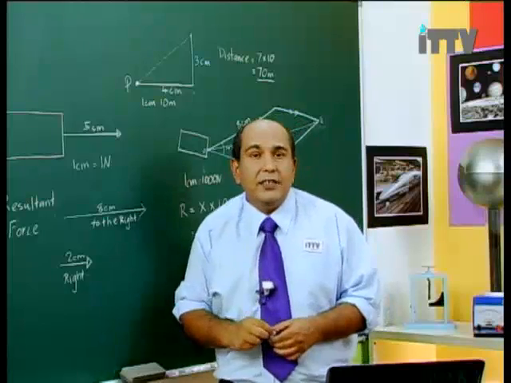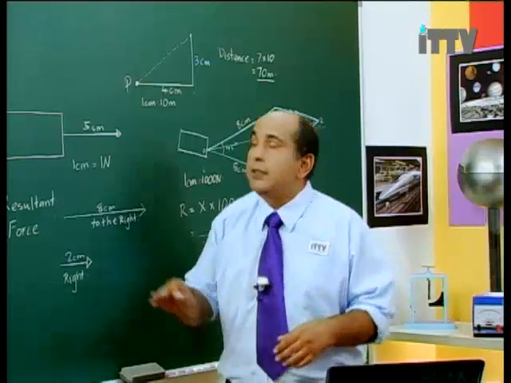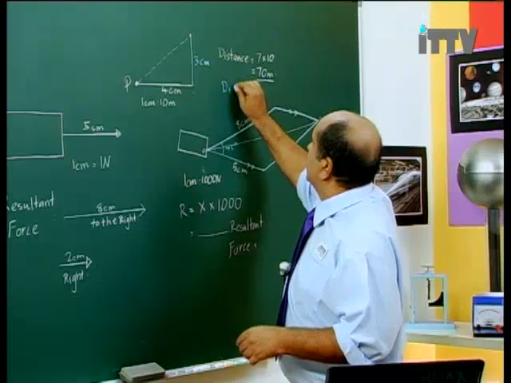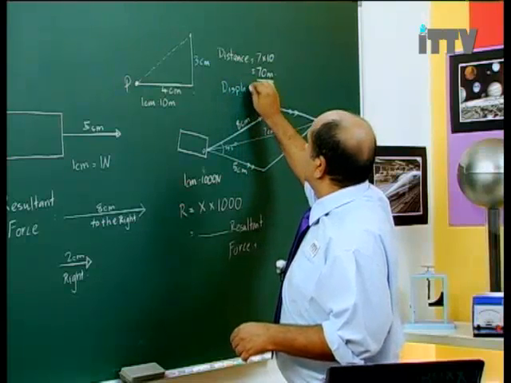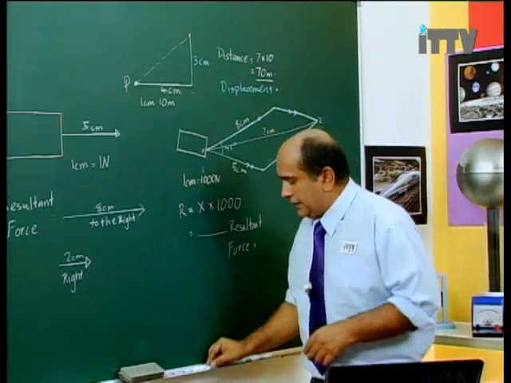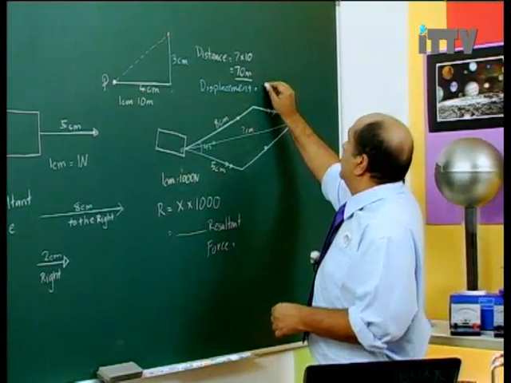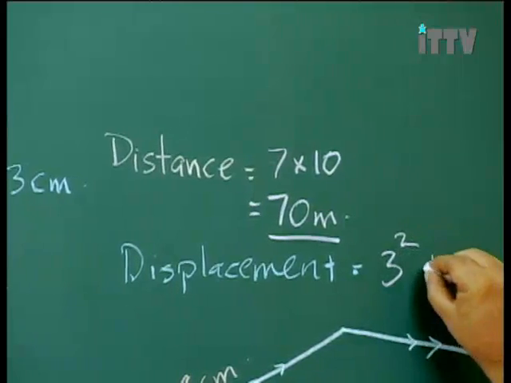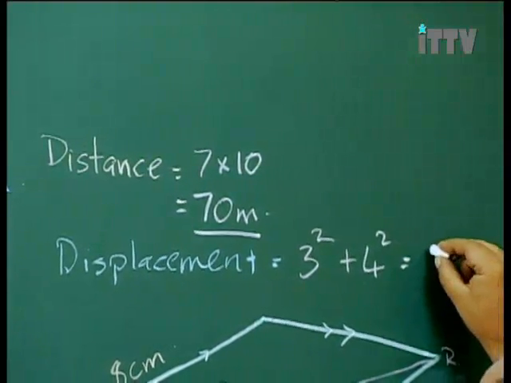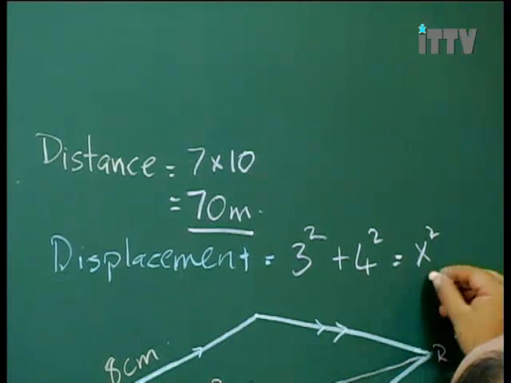And we can find this by using Pythagoras theorem. So to find the displacement of the boy, like I said, we use Pythagoras theorem, which will be 3 squared plus 4 squared equals x squared. And what we're looking for is x.